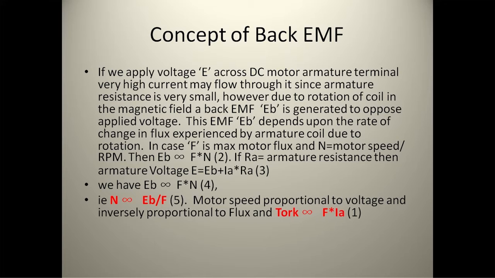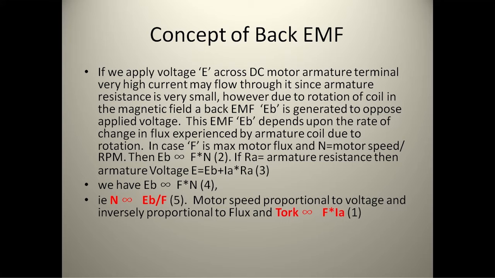In case F is maximum motor flux and N is motor speed in RPM, then EB is proportional to F multiplied by N. If RA is armature resistance, then armature voltage E is equal to EB plus IA multiplied by RA as per Ohm's law.